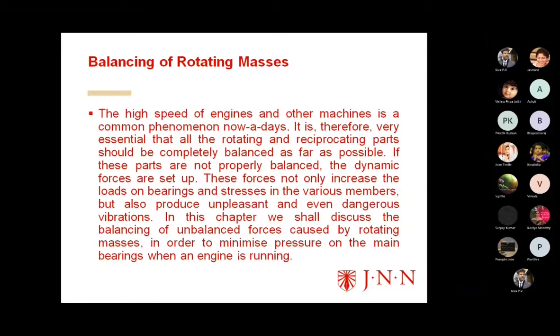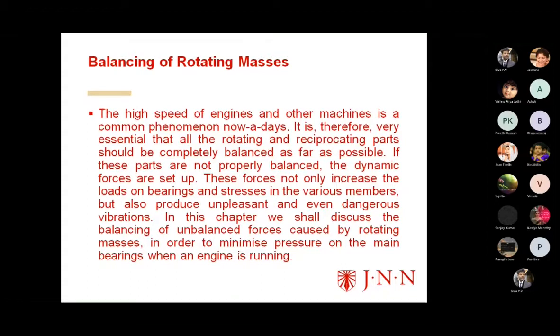In our home itself, a fridge, a washing machine, a fan, everything is rotating. Some machinery parts will be there that rotate. Just imagine if it is not properly balanced inside the system, consider one fridge or one washing machine.